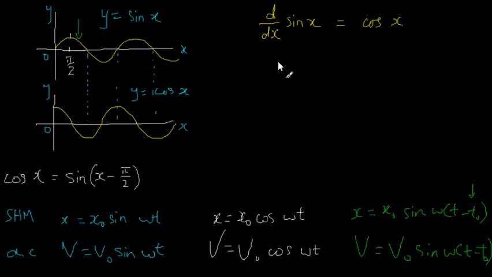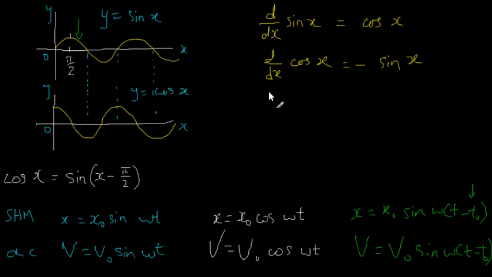And if you do d by dx of cosine x, you will get minus of sine x. So the d by dx is really just the gradient.